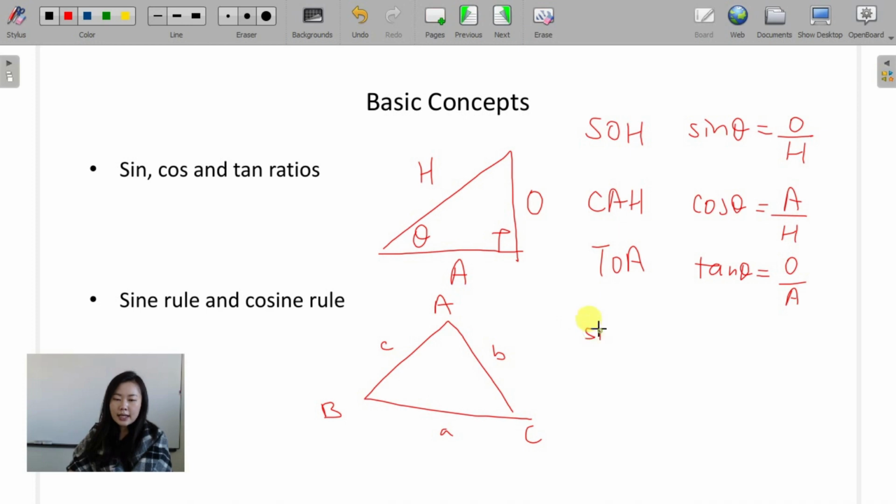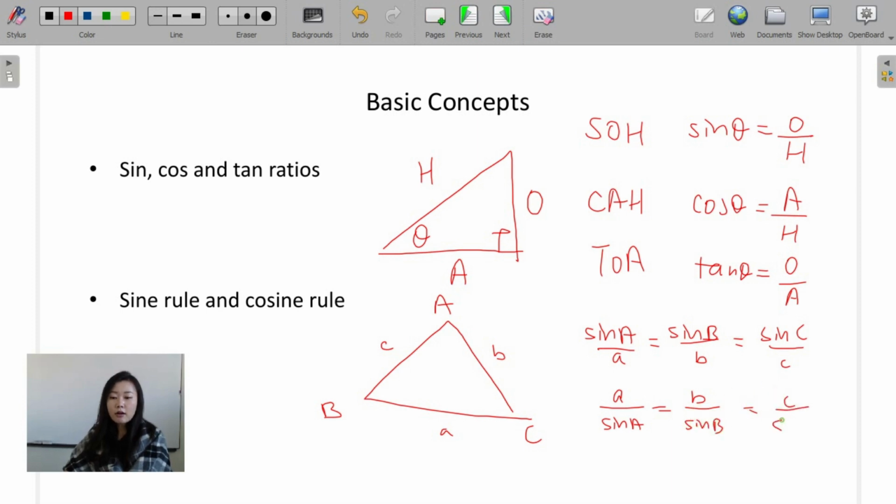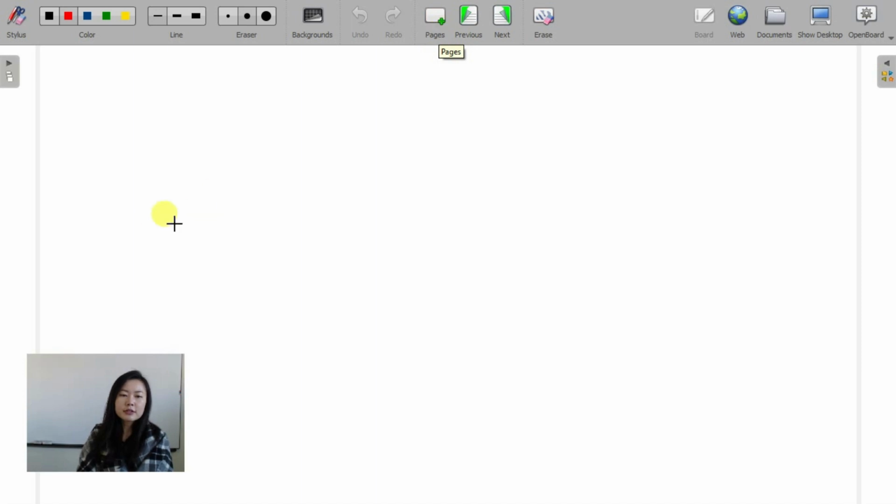So sine A on side a should equal sine B on b, which equals sine C on c. And obviously the relationships can be flipped as well. Now they are all on the reference sheet, so you don't need to memorize any of these, just be aware of their existence. I'll also quickly go over the cosine rule.